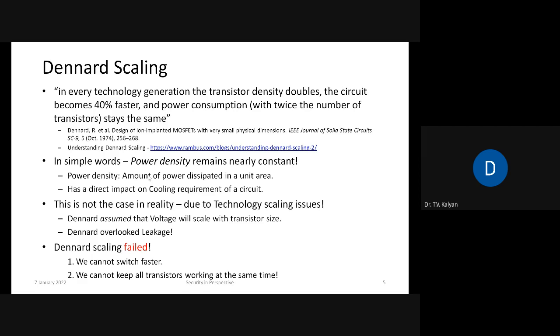There are two implications of it. The implications being, with technology scaling, we cannot switch the transistors faster, meaning that the frequency scale up is not happening.